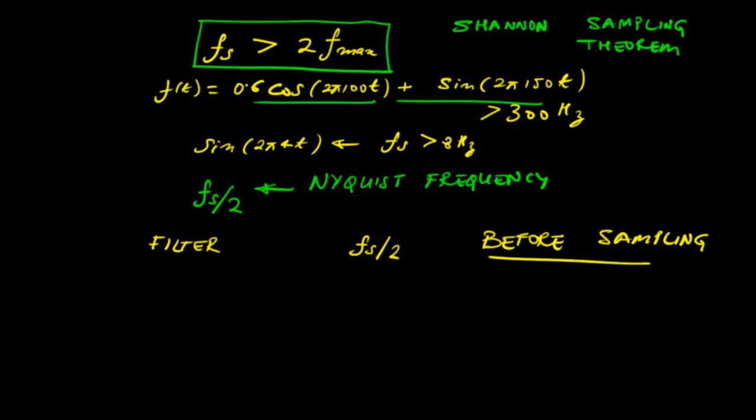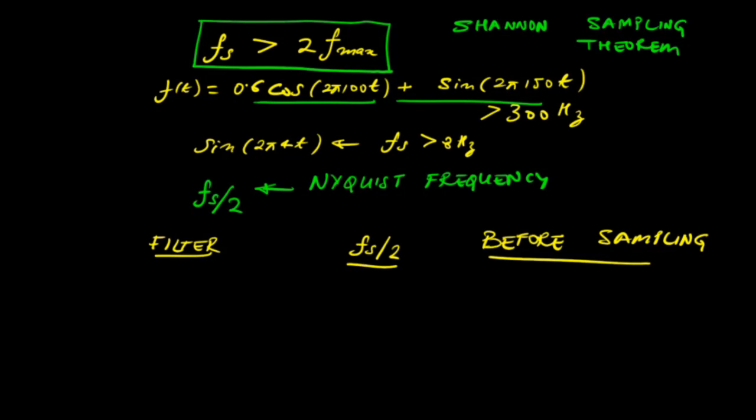So before you even digitize your continuous analog signal, you must remove frequencies that are greater than fs by 2, because the only meaningful frequencies that one can get from DFT are those having frequencies less than fs by 2.